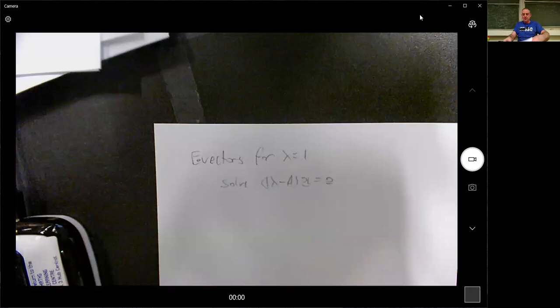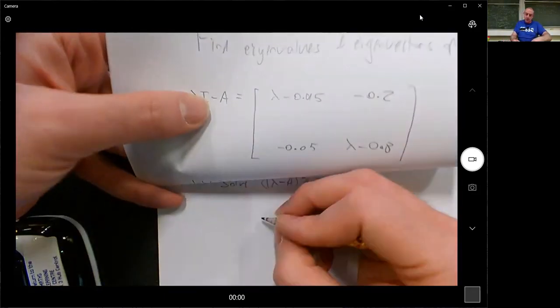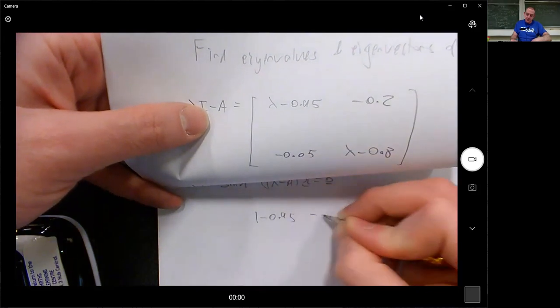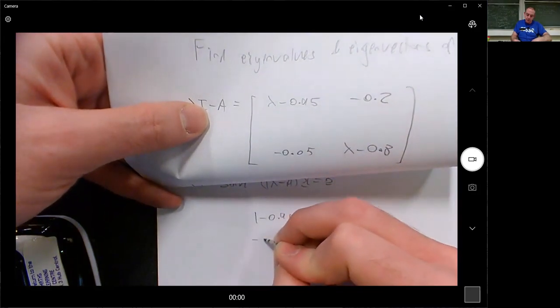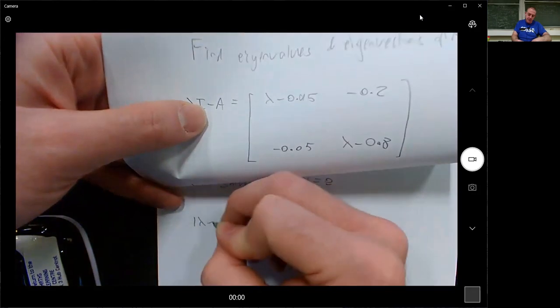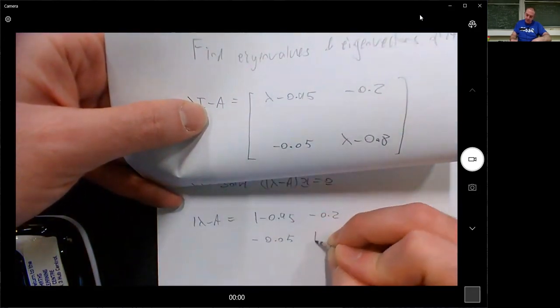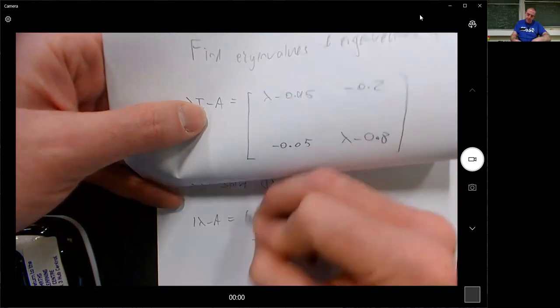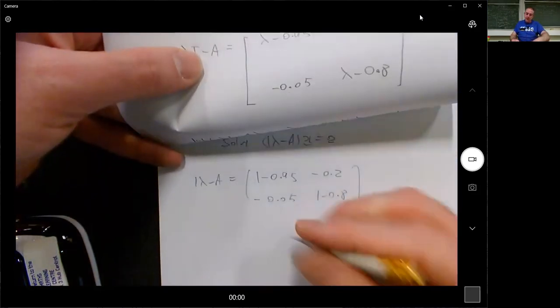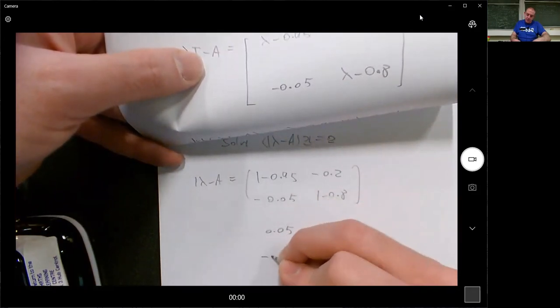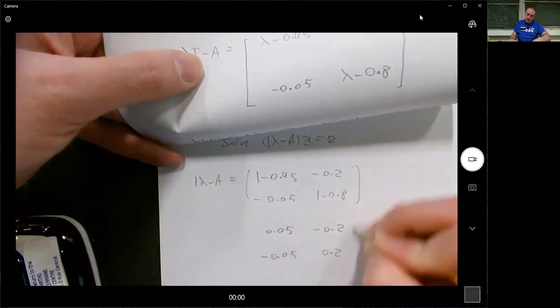So I'm going to go back to this matrix and go 1 minus 0.95. So 1 lambda minus a is this. And so I've got 0.05, minus 0.2, minus 0.05, 0.2.